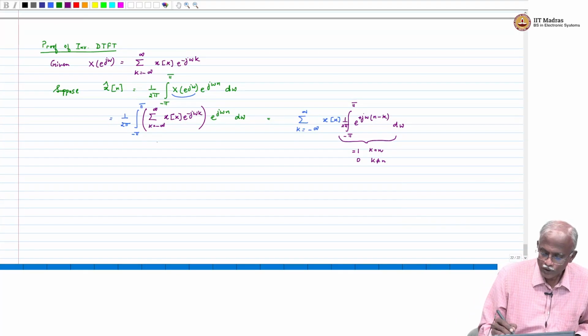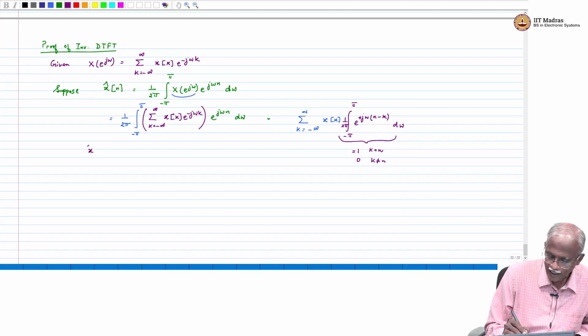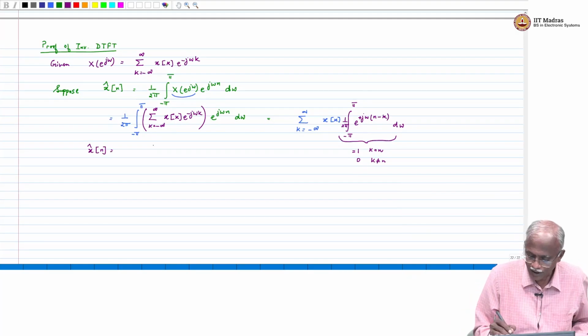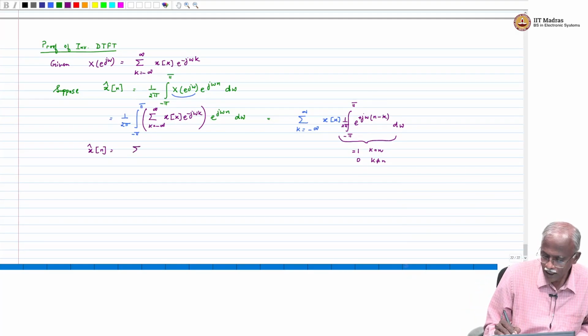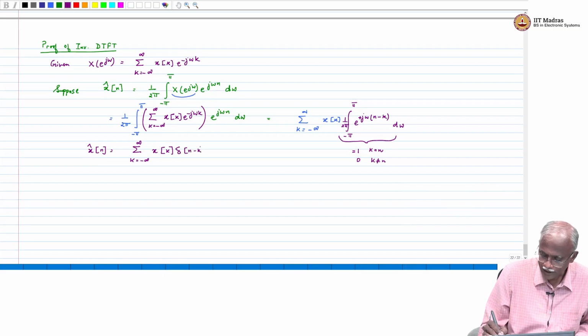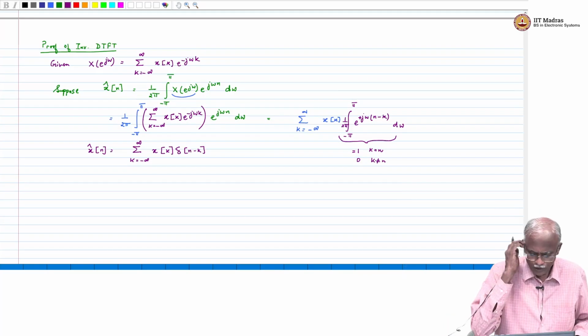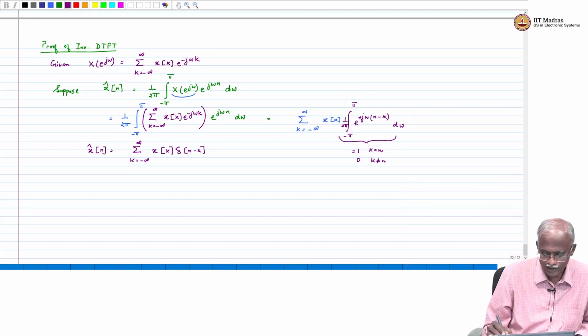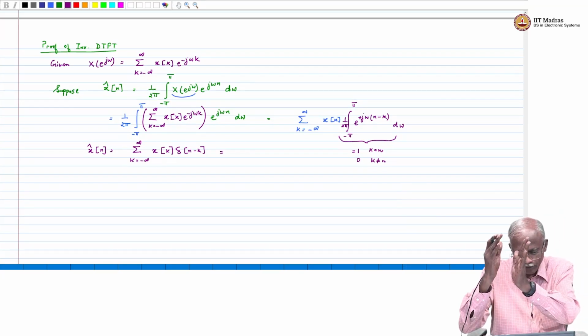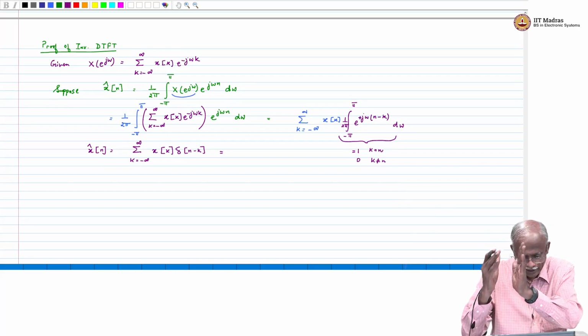All right. So then we find that x hat of n becomes summation k equal to minus infinity to infinity x of k delta of n minus k. That is what is equal to 1 if k equal to n, and so basically when you do this summation, this delta function will be non-zero only at k equal to n.